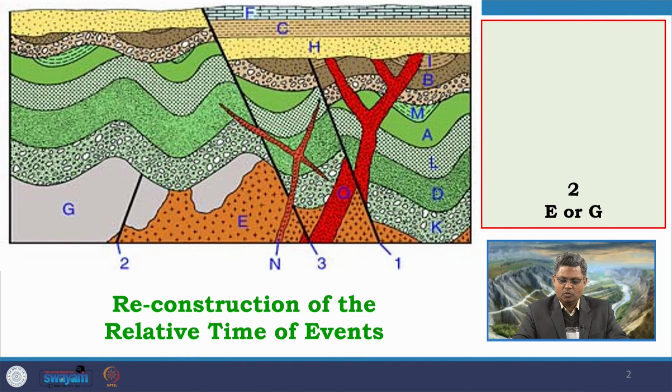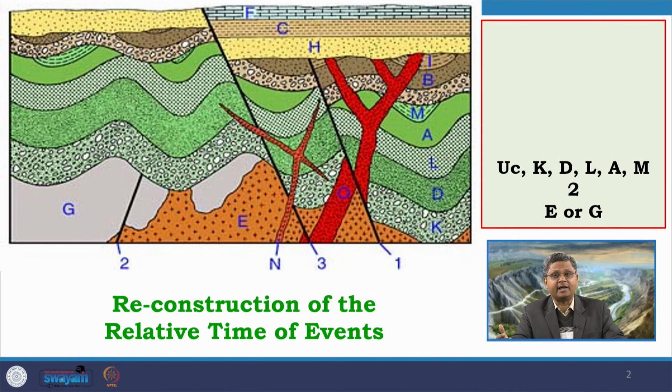After that we have an unconformity, and on that unconformity the sedimentary beds K, D, L, A and M are deposited one after another, and once they are deposited, they have gone through some sort of folding. Then that folding is affected by another phase of unconformity, and on that unconformity we get unit B and unit I, again sedimentary rocks.